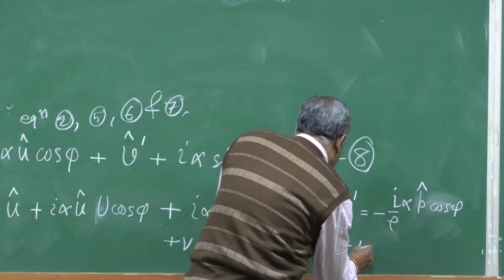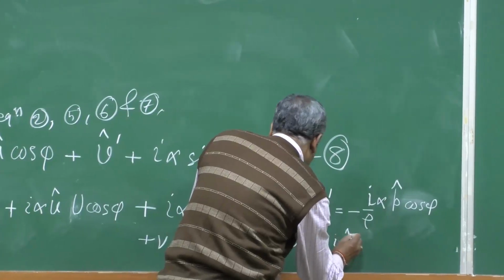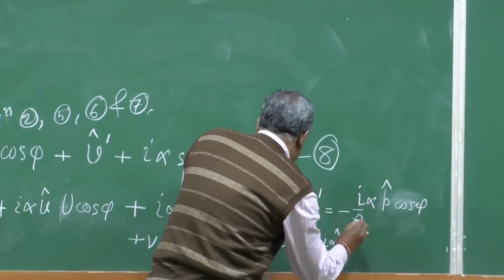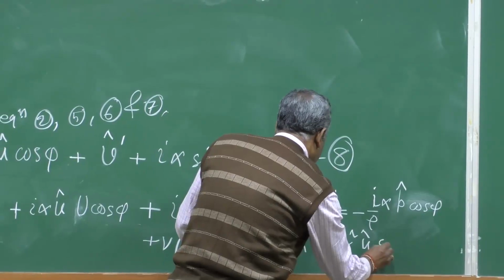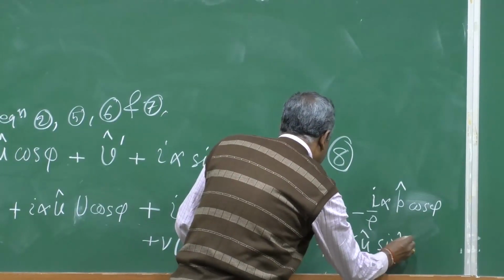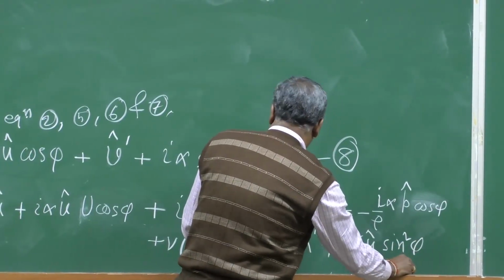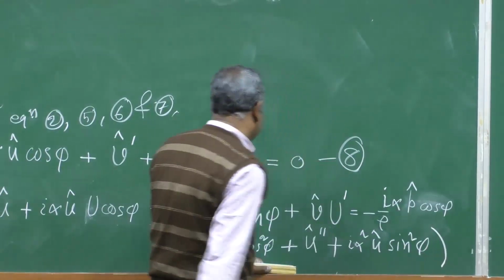So, this is also going to be i alpha square u hat sine square phi into the exponential term. This is what you will get.